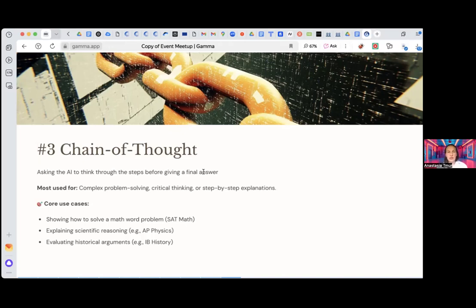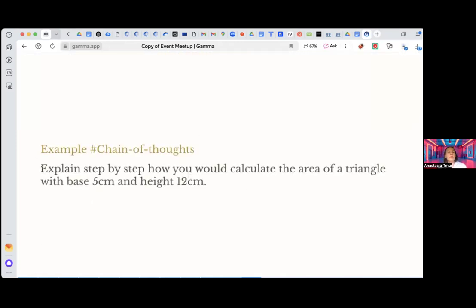So you may ask AI to make an explanation using chain of thought, and you will see how it will think, what steps will be here in this research. For example, it may be: explain step by step how you would calculate the area of a triangle with base and height.